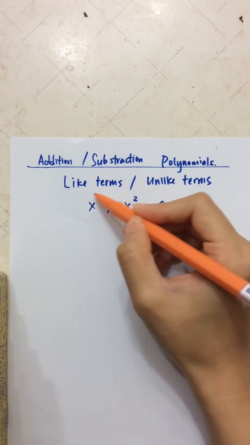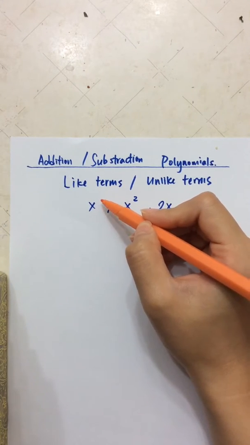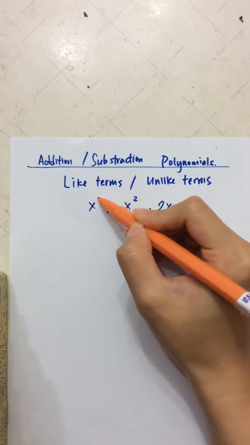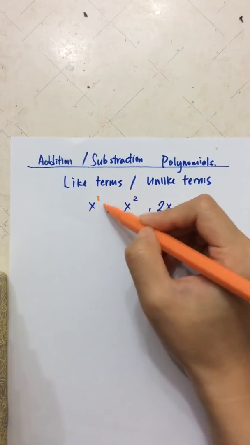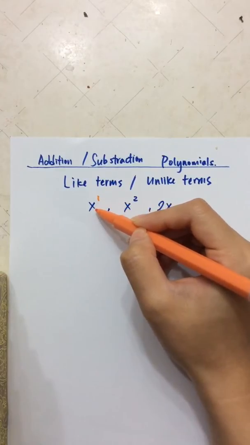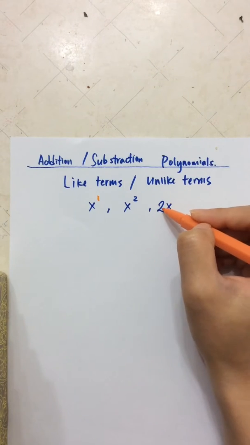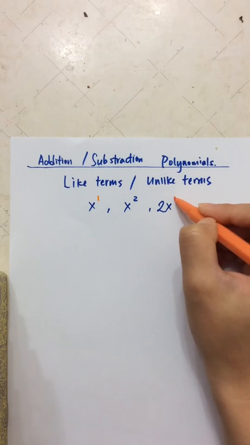When you see there is no index here, that should be 1, because it can be ignored. We can also represent it as x, then x to the power 2, and this one 2 times x to the power 1.